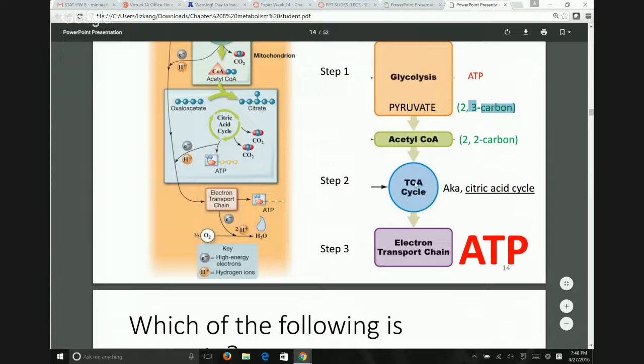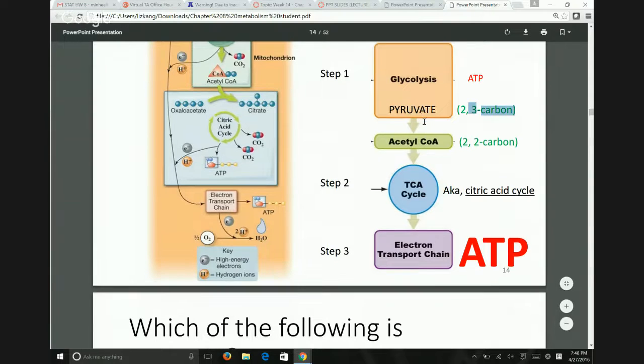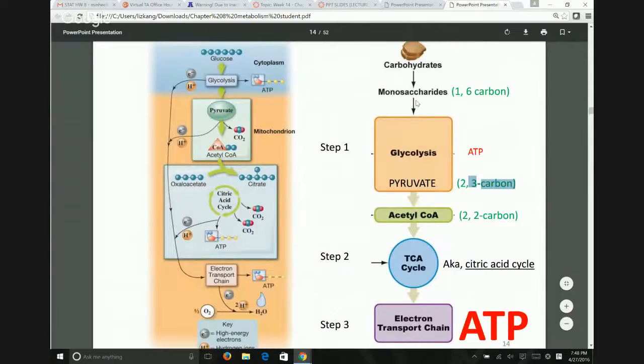One thing about this TCA cycle, which we'll talk about again later, is that it's a cycle. If something happens over here, the cycle stops. It can't happen anymore. What this is right here is called oxaloacetate. You don't need to know it, but oxaloacetate comes from pyruvate, and pyruvate is made from glucose.